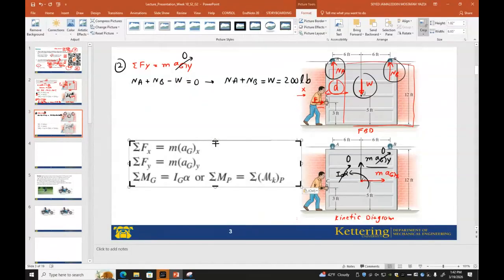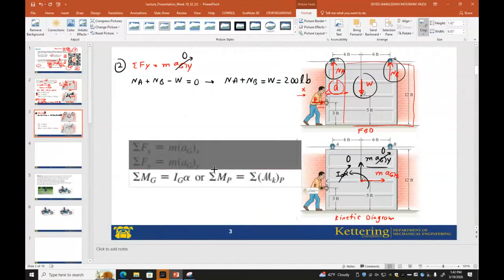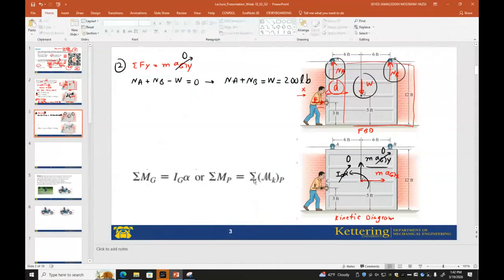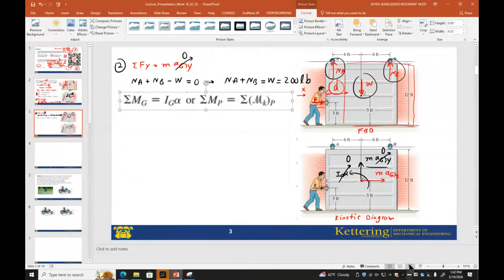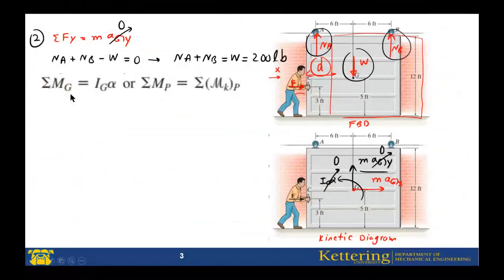I do not want to repeat, just this equation. Same as this, you will see on the equation sheet. You can use this equation about the center of the mass, G, or you can use this equation about any point. These are all equal.